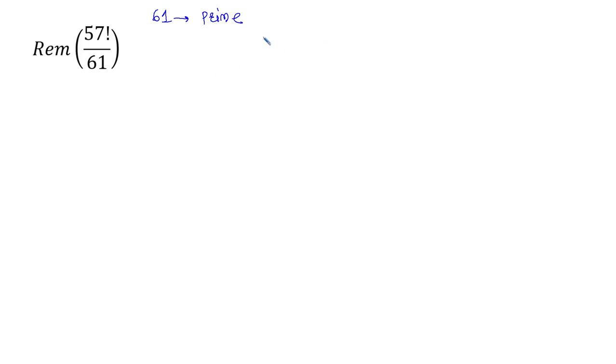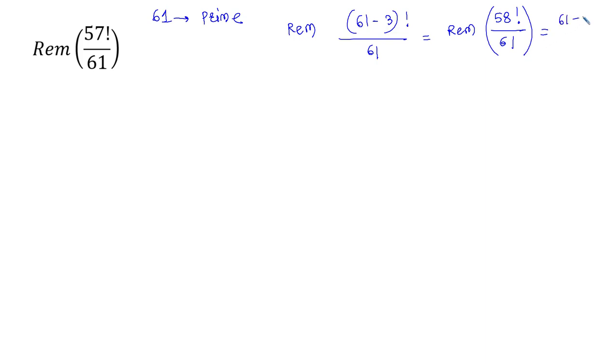What is that formula? Look here, the remainder of 61 minus 3 factorial, divided by 61, is going to be how much? The remainder of 58 factorial divided by 61 is going to be 61 minus 1 divided by 2, which is equal to 30.